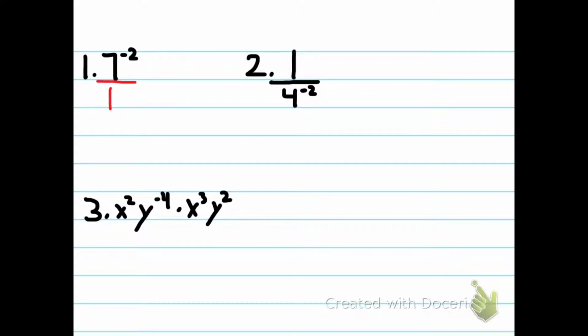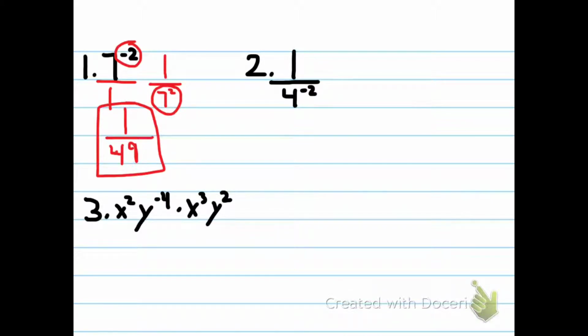So we flip this to make 1 over 7, and then this negative exponent becomes a positive 2. And then you just solve it like normal. So 1, and then 7 squared is 49. So 1 over 49 is your final answer.